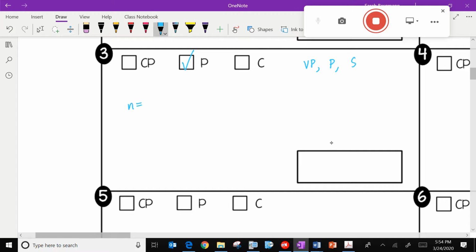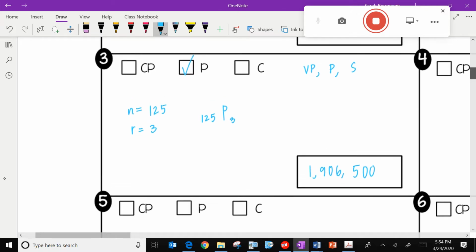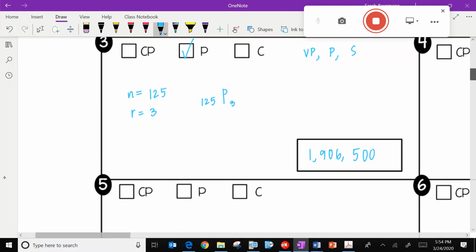The number of total students to choose from is 125, and we are trying to fill 3 spaces. So to find our answer, we need to do 125 P3. When you plug that in your calculator, you should get 1,906,500. That's how many different ways there are to elect the vice president, president, and secretary for their grade.